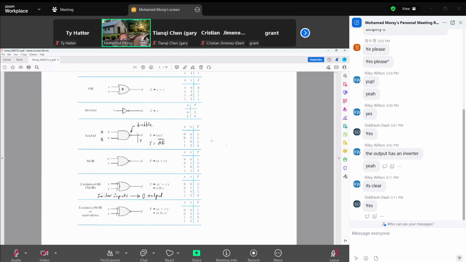This is a good point. You reminded me of something I need to talk about. When you did the lab, to connect the switch to logic high, what did you do? You connected to the voltage source, 5 volt, right? The VCC we use is 5 volt.